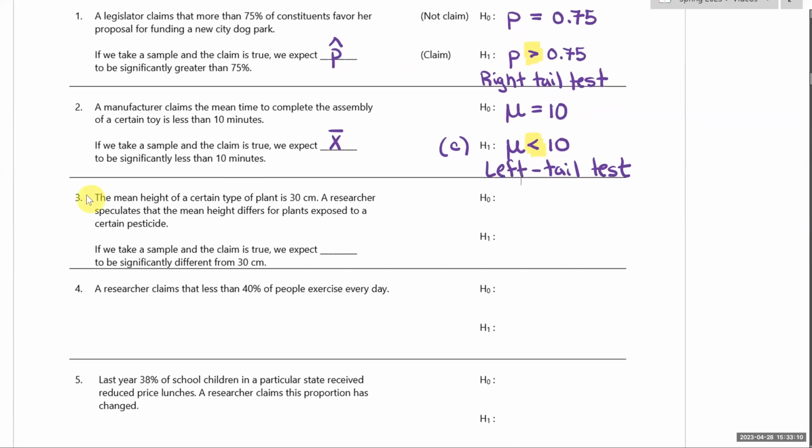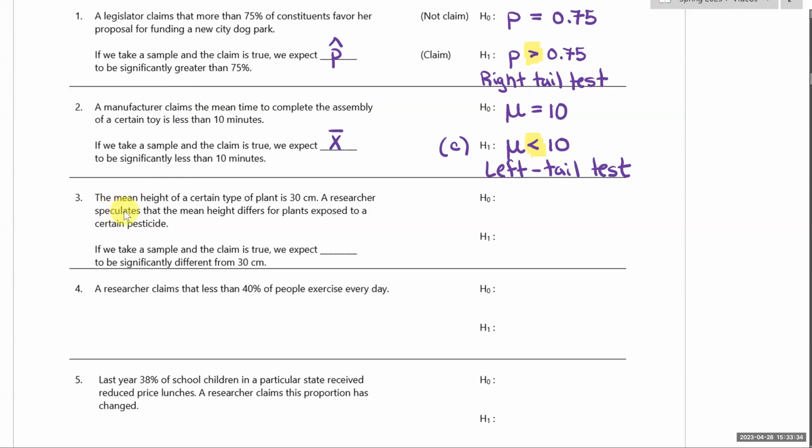All right, so now it says the mean height of a certain type of plant is 30 centimeters. A researcher speculates that the mean height differs for plants exposed to a certain pesticide. All right, it doesn't say the word claim, but it does say speculates. So I like when we just say the word claim to make it really obvious, but there can be other English involved.